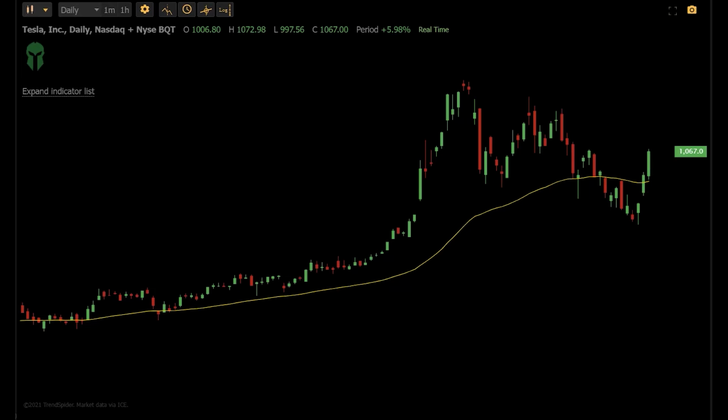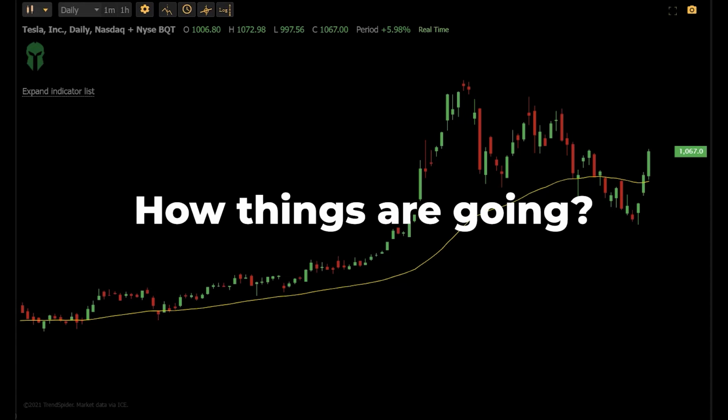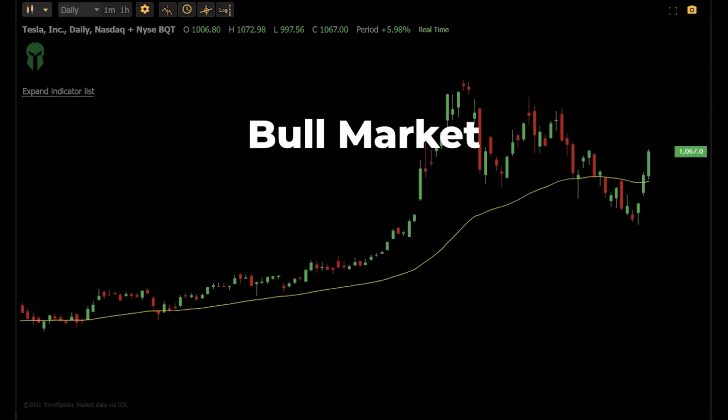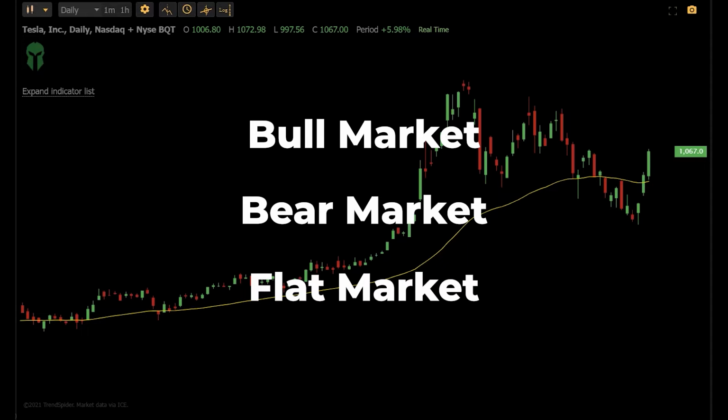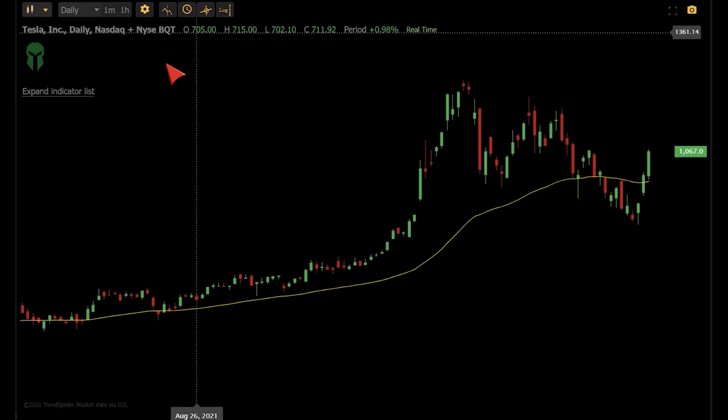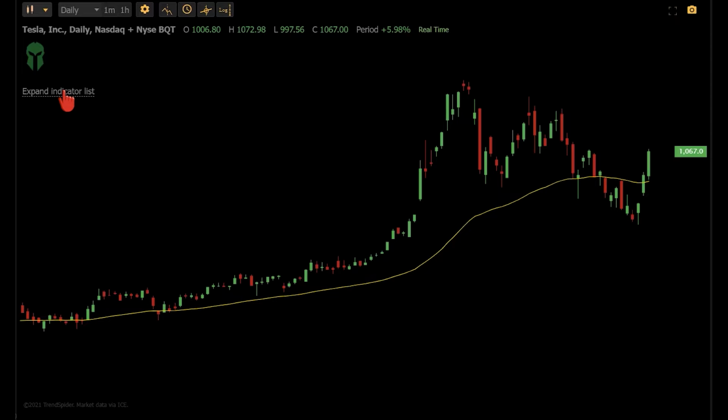One of the ways to utilize this is to get a basic understanding of how things are going. In other words, are we in a bullish market, a bearish market, or a flat market? For those that aren't aware, I'm just going to explain this very clearly.